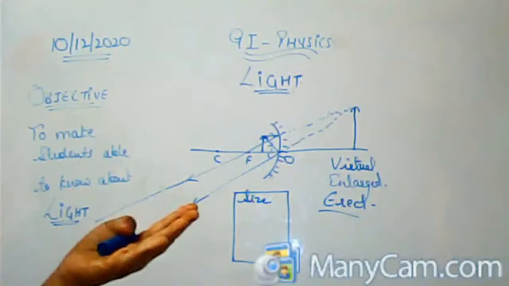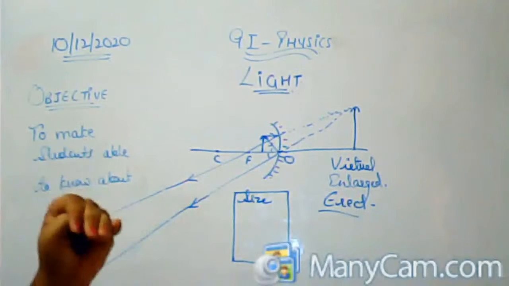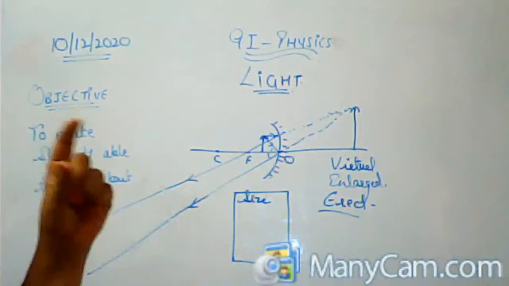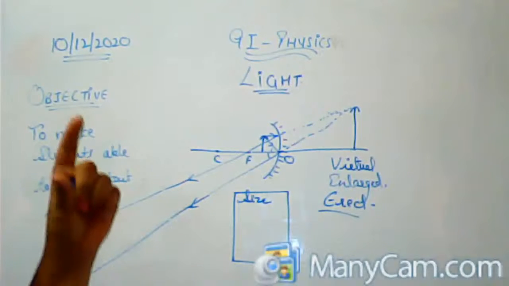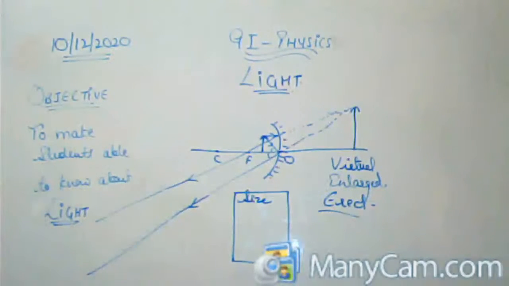Fine. So you write enlarged. If the size is smaller as compared to that of the object, then you say diminished. Diminished means small. Fine. If the size is going to be the same as that of the object, then you will say same size. Fine. And if the size is very, very small, just like a point, a dot, you say infinitesimally small.